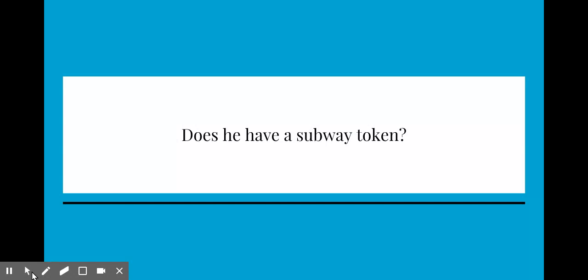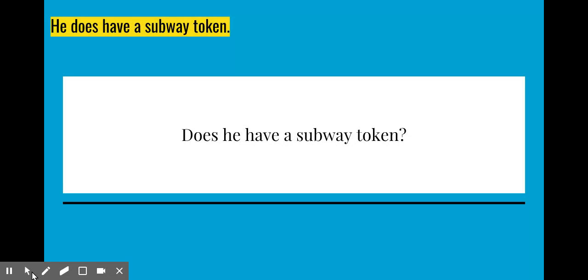Let's try another one. Does he have a subway token? Go ahead and pause, write down, and see if you can identify and circle the subject. Okay, well, when I invert this sentence to have it come in natural order, it says, he does have a subway token. So the subject is he.